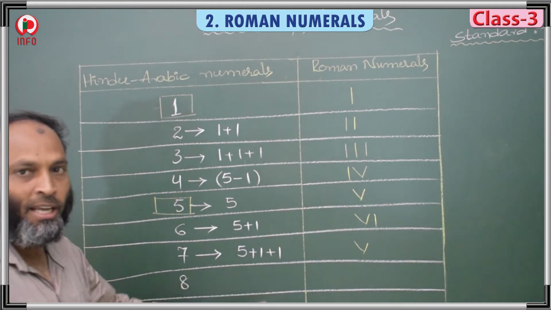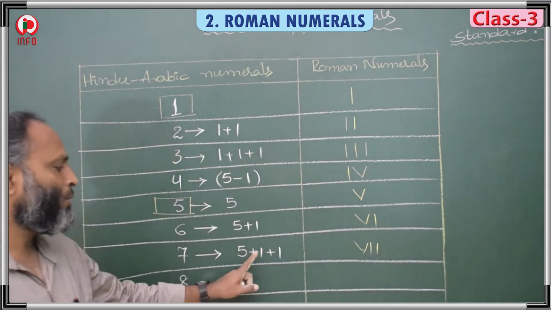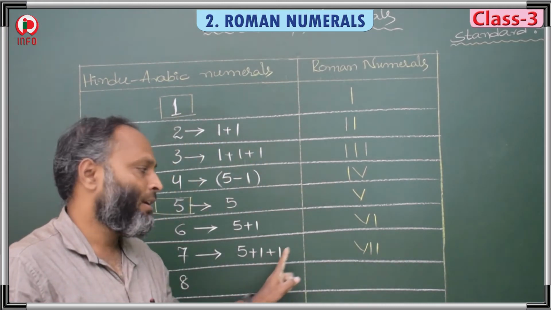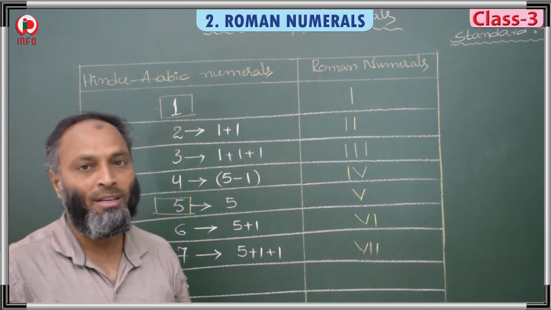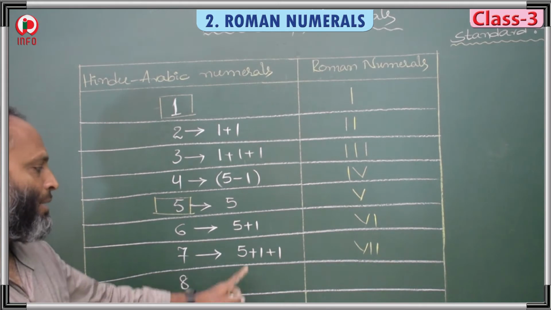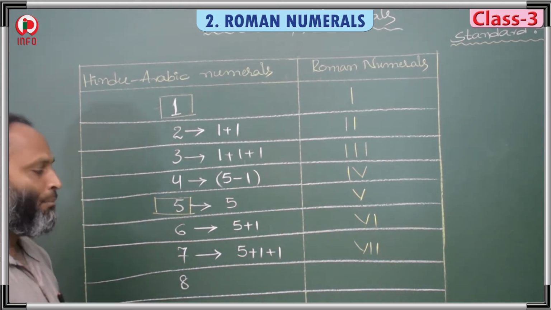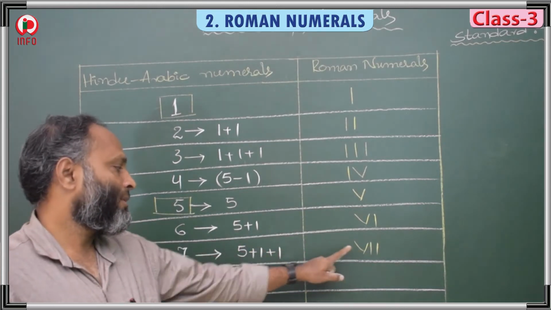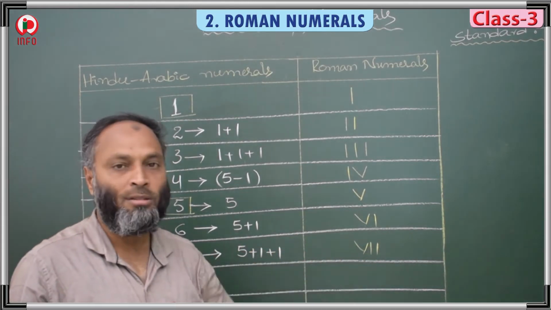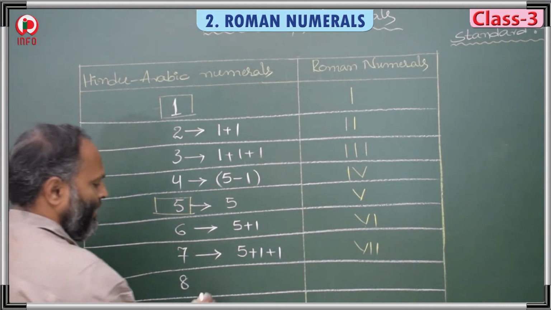Here addition is there, and addition means the Roman numeral repeats twice. The 2 same Roman numerals we take on the right side, because the plus sign is there. Whenever plus is there, we take the bigger number first and then two smaller Roman numerals.